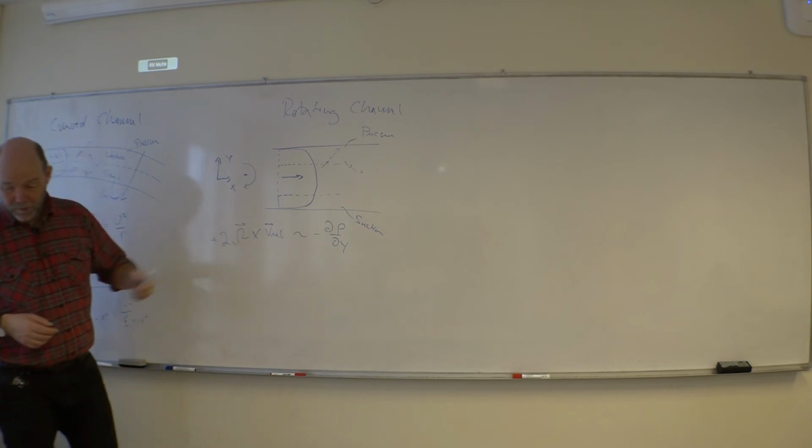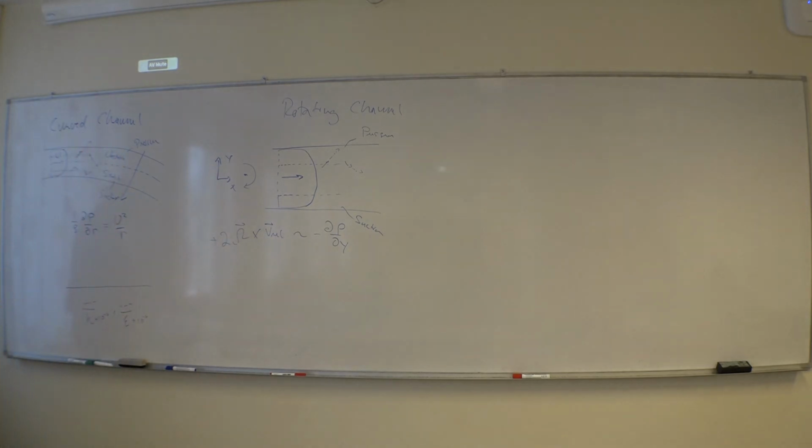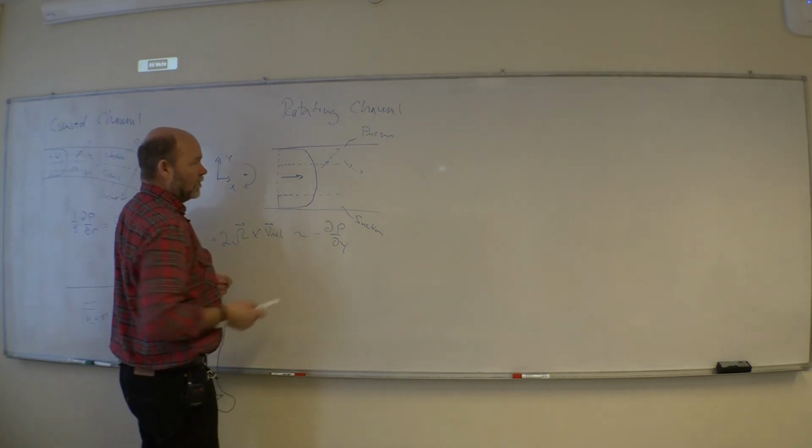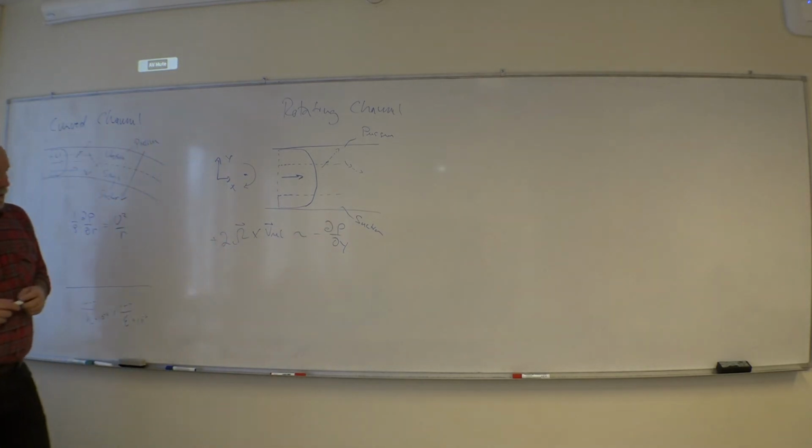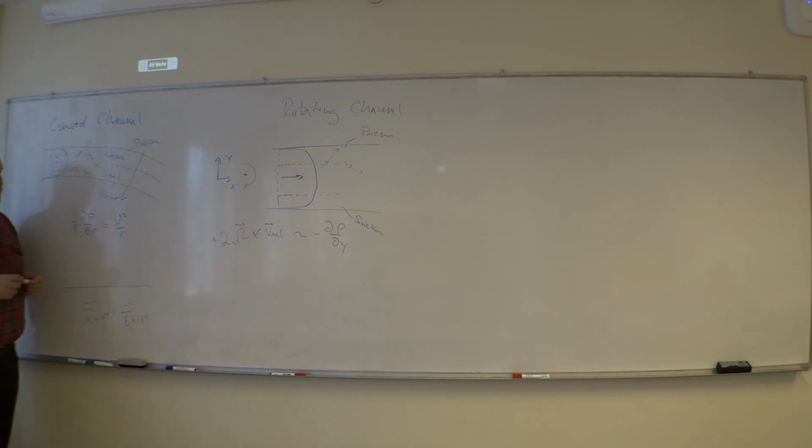I'm not sure about these signs. Anyway, the philosophy will be the same. The pressure side, again, will be an unstable side. The suction side will be damping down the turbulence, tending more and more towards a laminar flow.